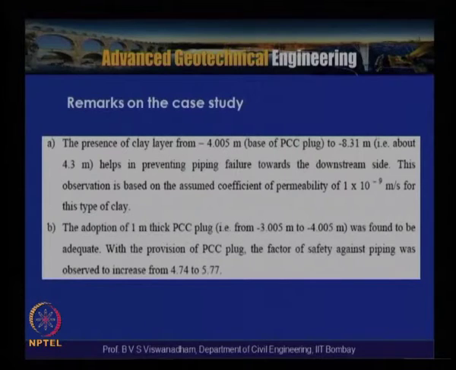And the adoption of a 1 meter thick PCC plug on the downstream side was found to be adequate, and with the provision of the PCC plug the factor of safety against piping increases. And the second thing is that it also enables the construction and installation of the piles to be done with ease.